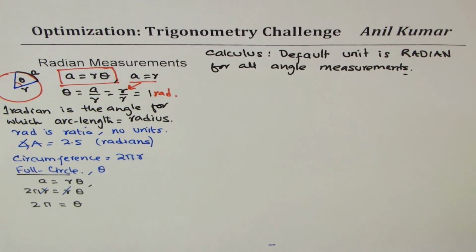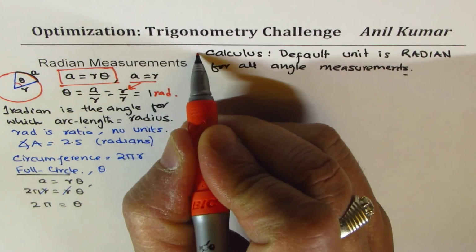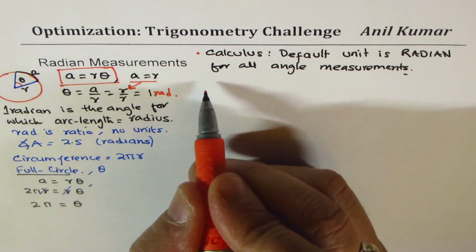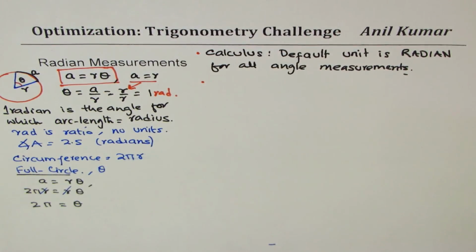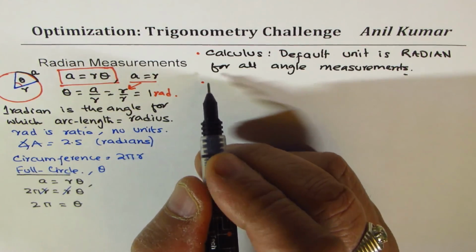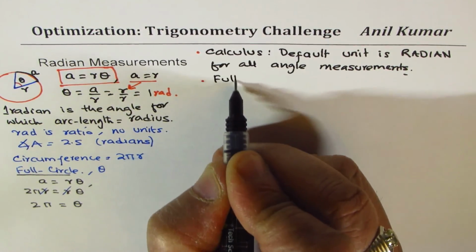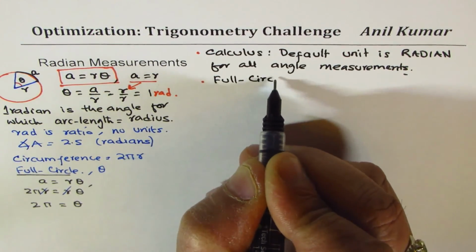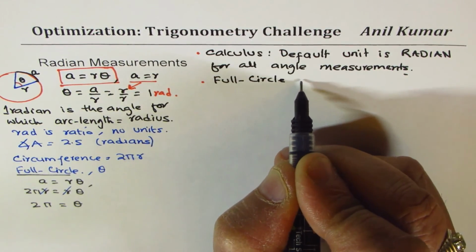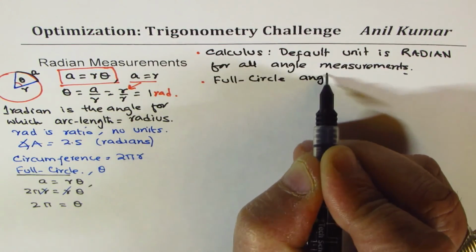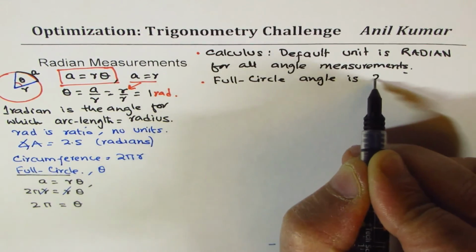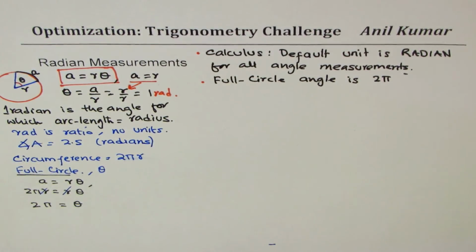Okay. So one thing important in calculus, we always use radians. Second, what we just now found is full circle angle is 2 pi. Correct?